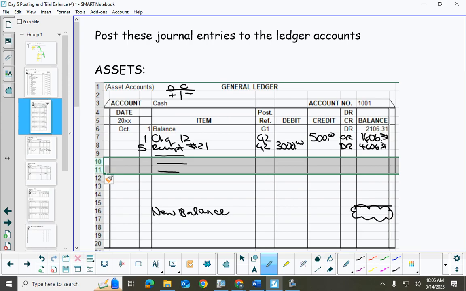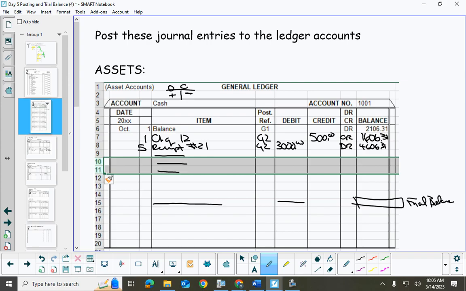You don't even need to write a new balance because you're doing a running balance. So whatever your last transaction is, that's going to give you a final balance in that account. As long as you keep a running total, you'll have a final balance in each one of your accounts.